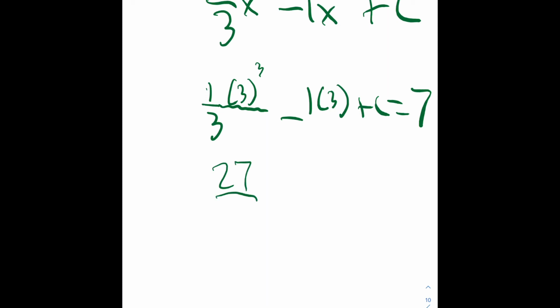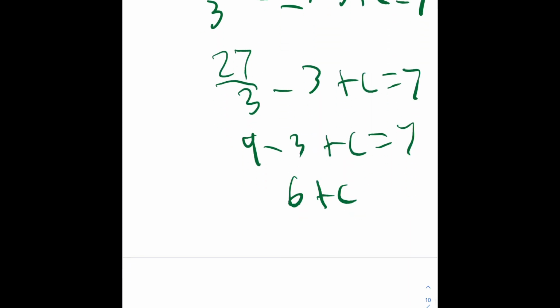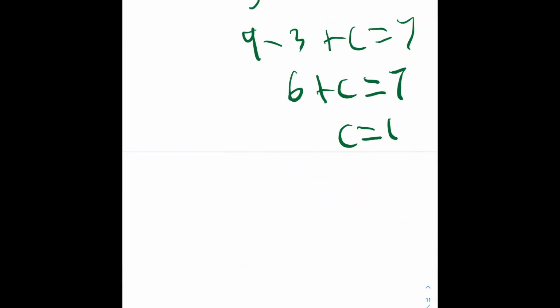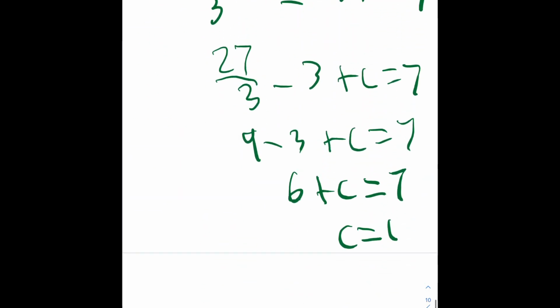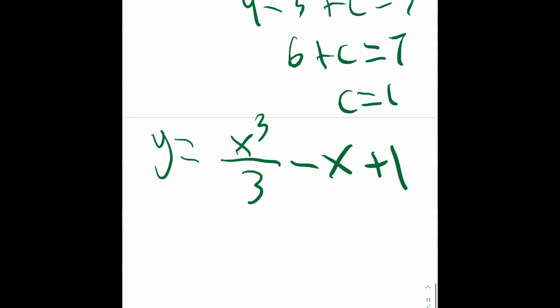This is really 27 over 3 minus 3 plus c equals 7. 9 minus 3 plus c equals 7. 6 plus c equals 7. Therefore, my constant is equal to 1. So the equation, again, what was my initial value? How did I come up with this equation? I had to go find the constant, and it was x to the third over 3 minus x plus 1, because I now have my constant.